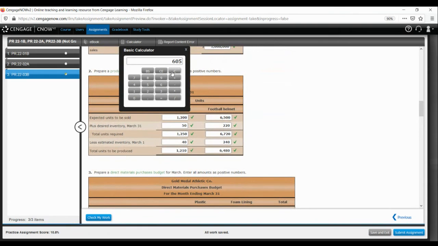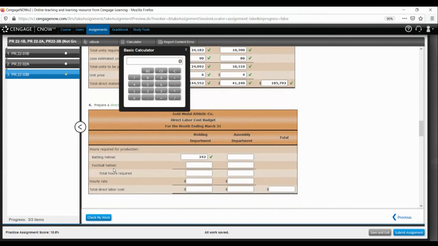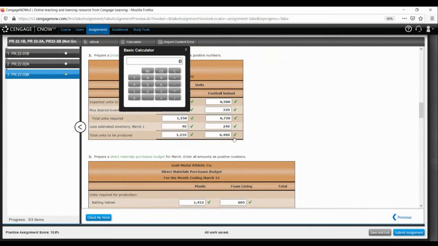Excuse me, I didn't do that properly. We're working with football helmets. So you see right here, we're working with football helmets. So we need to know the football helmets that we are producing, which is 6,480.